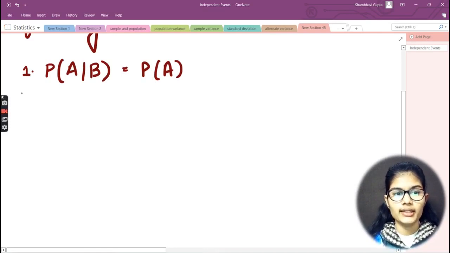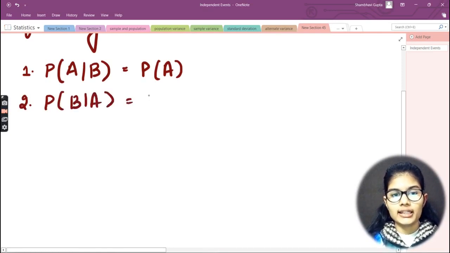Next, my second condition is that the probability of B given A is equal to the probability of B. This is my second condition, and you could choose any one of them, whichever is satisfied.